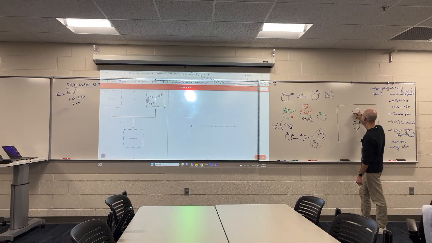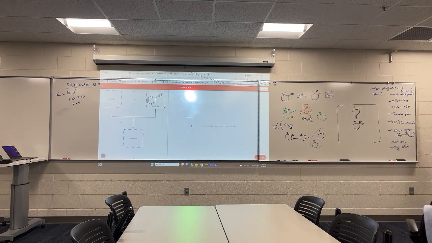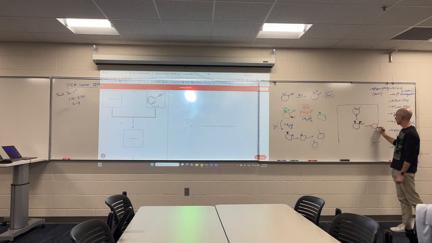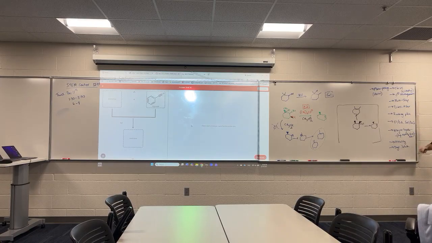There is an elimination reaction that gives you this tetrasubstituted alkene, 1,2-dimethyl cyclohexene. There is an elimination reaction that gives you this R2-methyl cyclohexene.